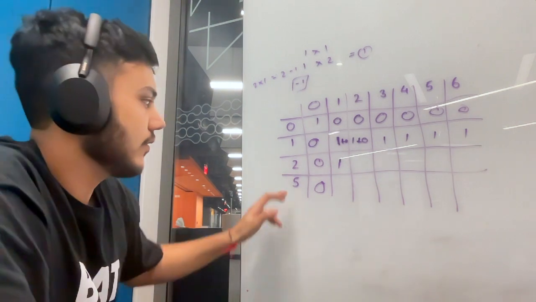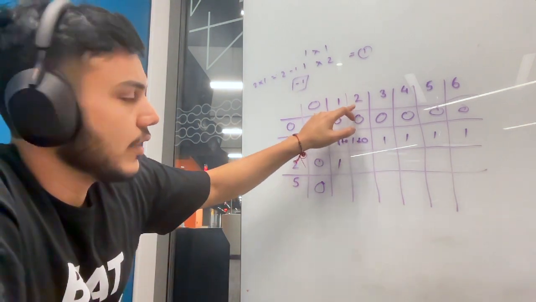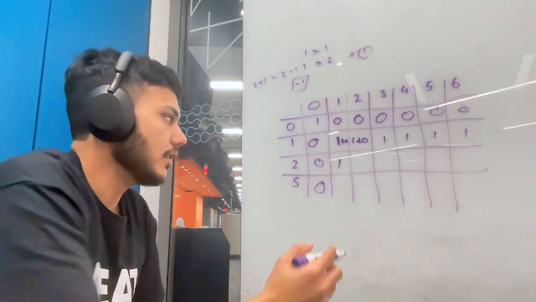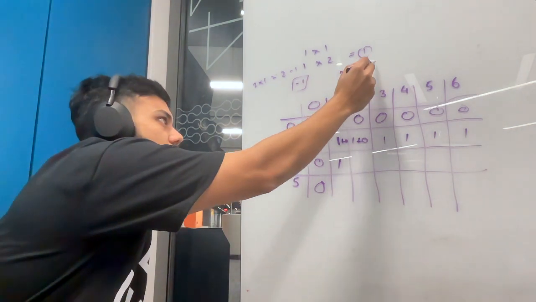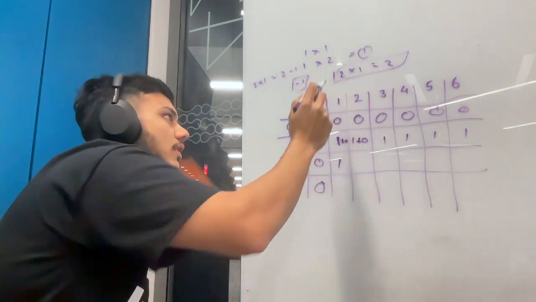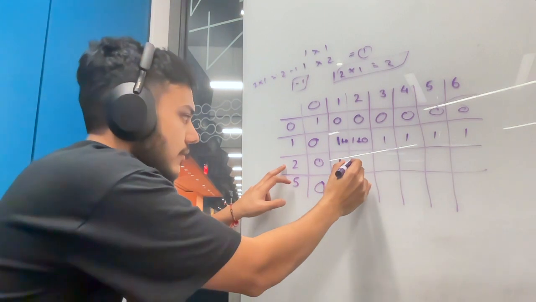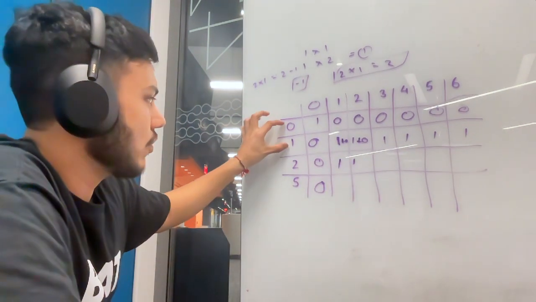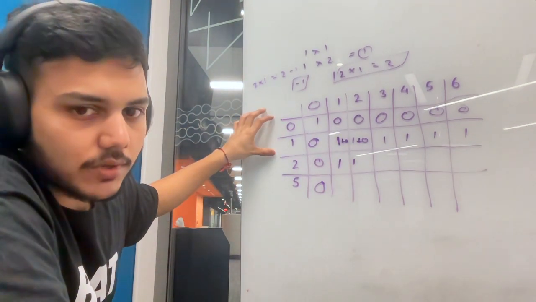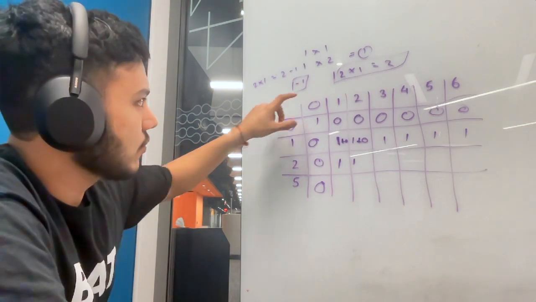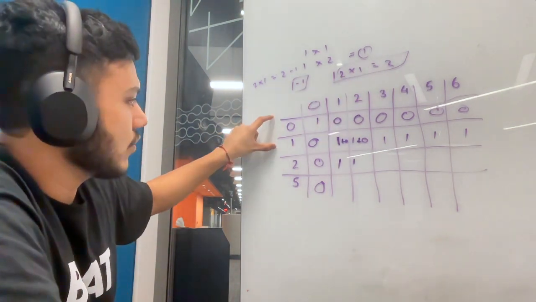Now let's go ahead. With 2, can you make 2? Yeah, you can make it in one possible way, right? So 2 cross 1 is 2, so that's 1 here. With 1 comma 0, the rest of the coins that we have already computed for, can we make 2?